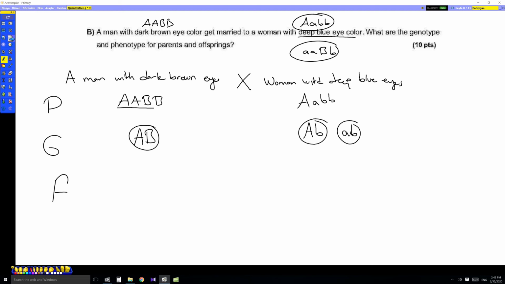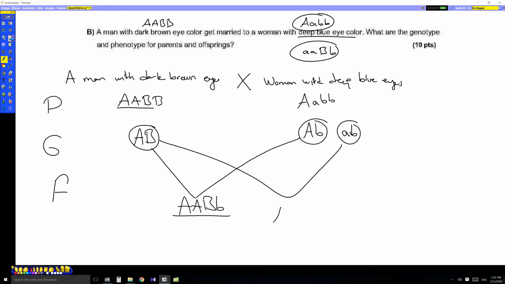So the F generation produces one A capital, A small, B capital, B capital, meaning medium brown eye color, and second A capital, A small, B capital, B small, light brown eyes.